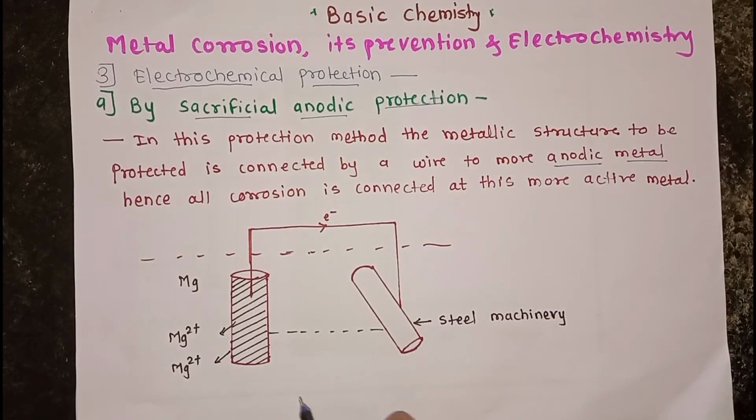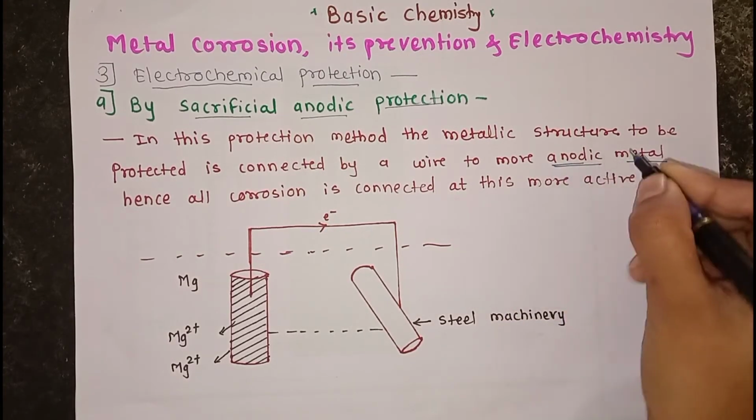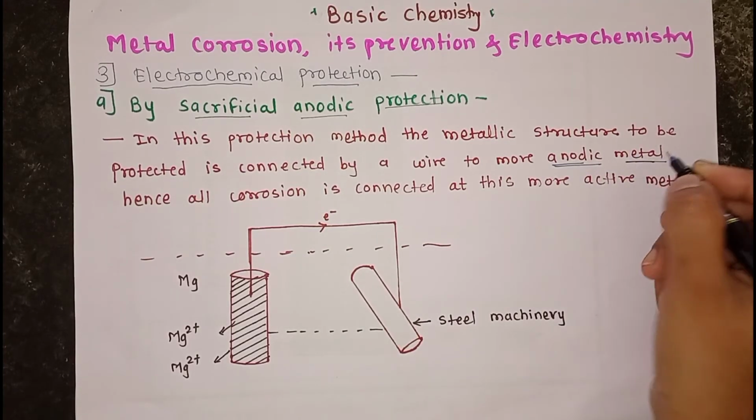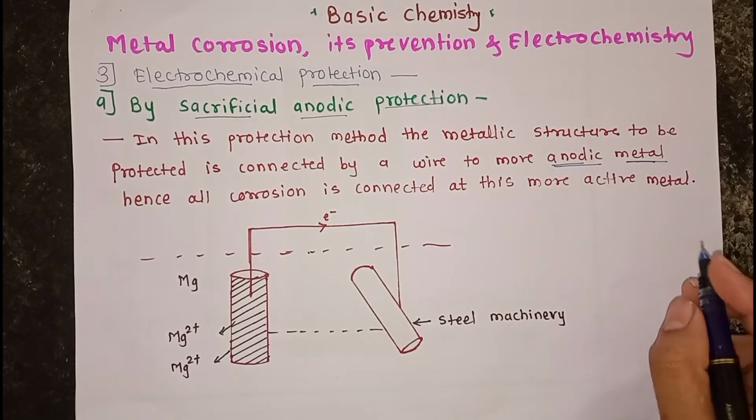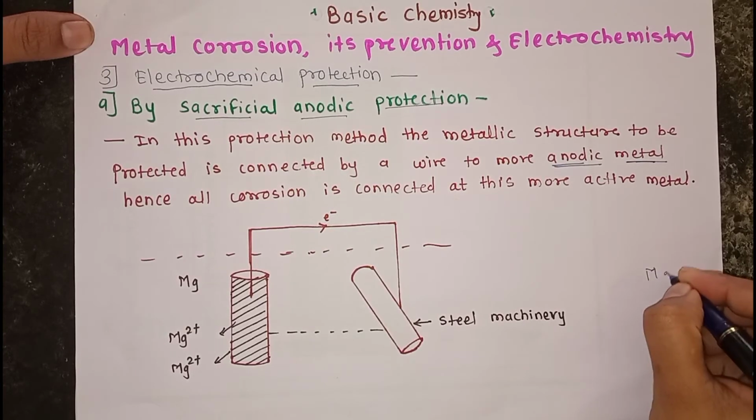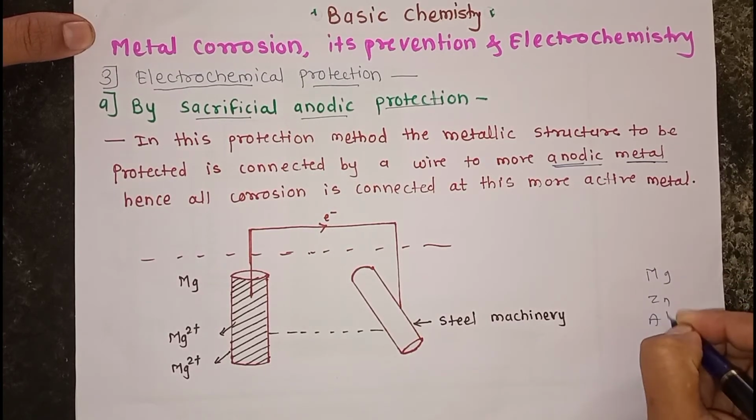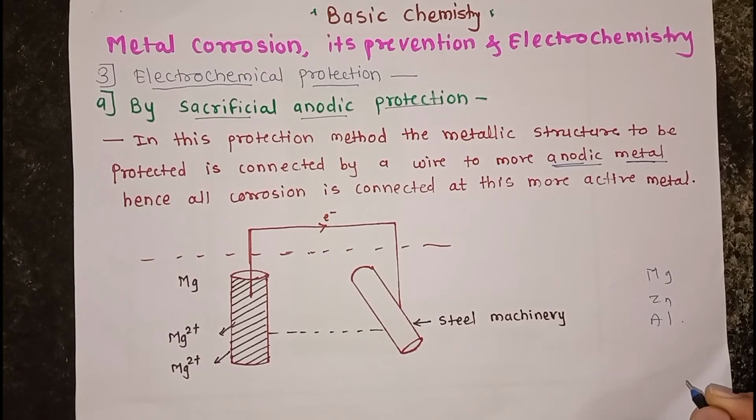In this method, we generally use more active metals. These more active metals are generally magnesium, zinc, and aluminium. These metals, being more active in the electrochemical series, are used as an anode.